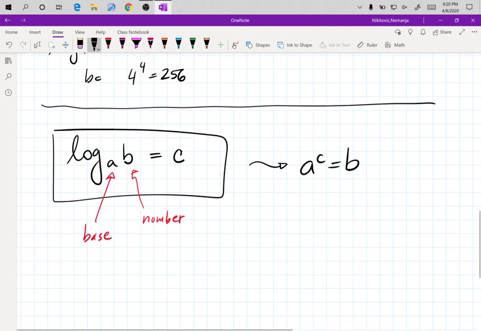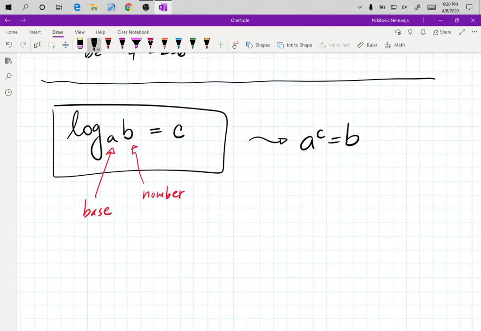All right. Now, a is a real number, and you see that's a base for the log. Could be negative, could be positive, could be 0, could be a fraction, right? So any number you can possibly think of.